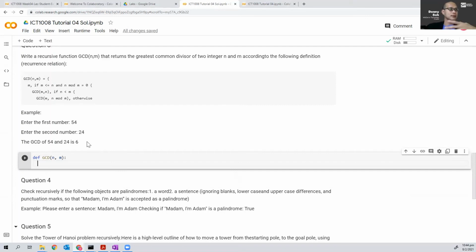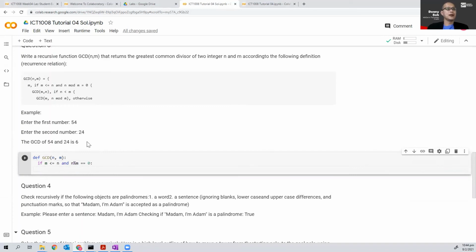It's all given to us in formula already. So the first condition is if n is greater than or equal to m and n mod m equals 0, I will just return m.